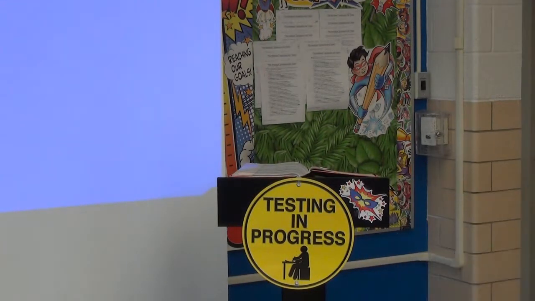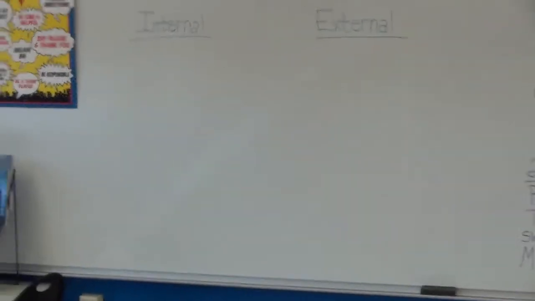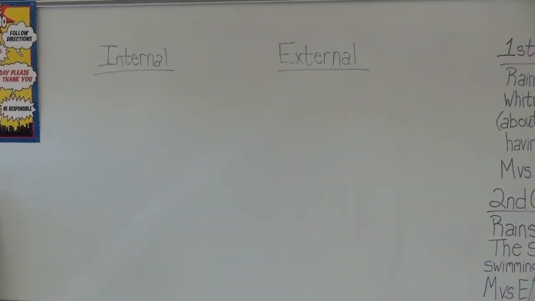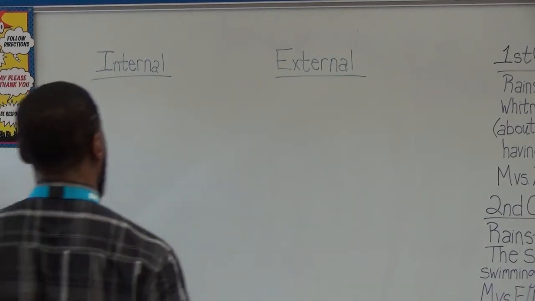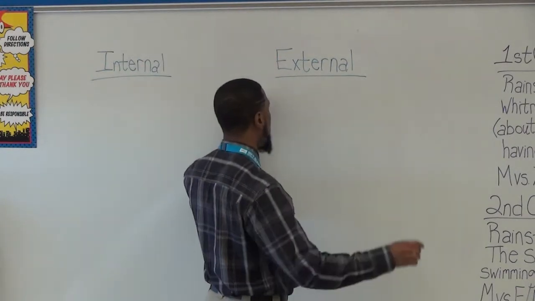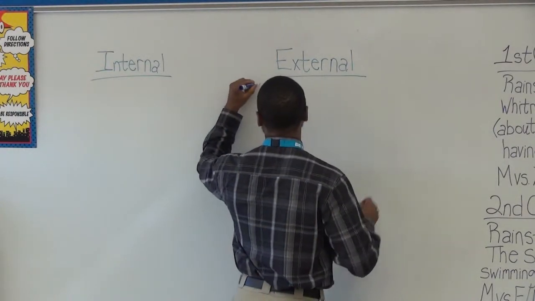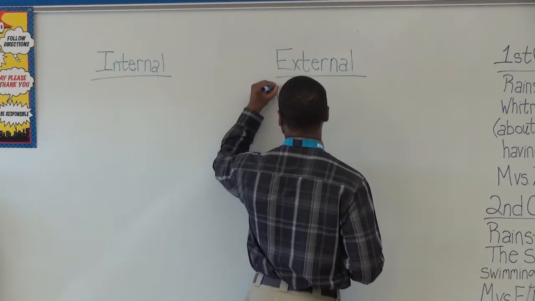So on your paper, just make a little chart that says internal and external. So, the first conflict that I believe we have is external. I think the first conflict is the 2 sailors versus nature, because they cannot see.